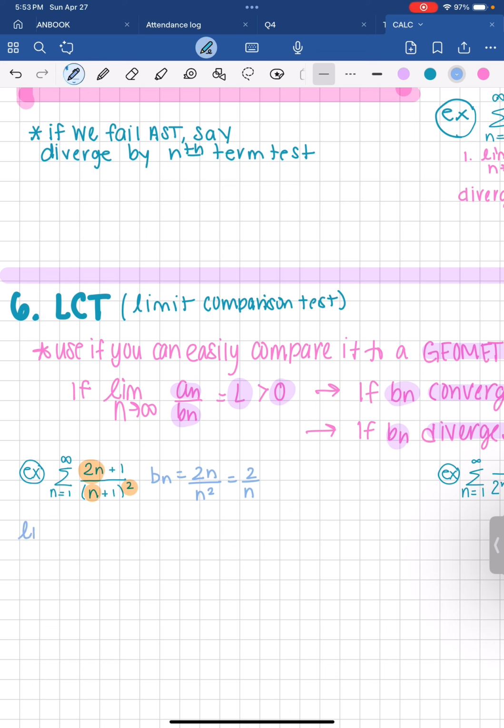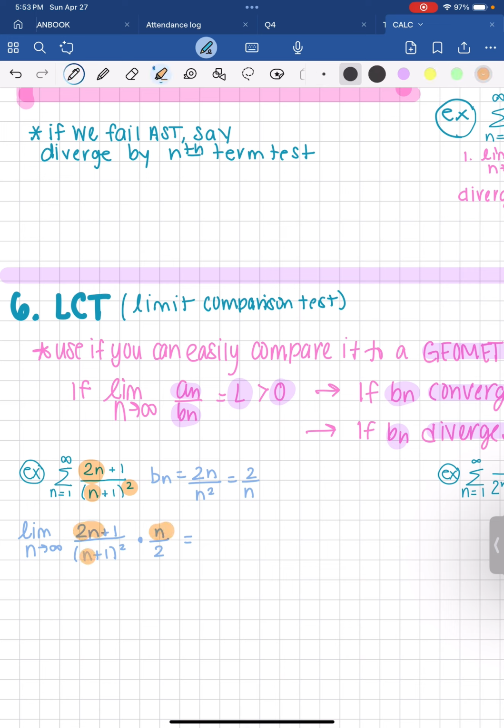So now I'm going to take the limit as n approaches infinity of the original series over b sub n, which is times the reciprocal of b sub n. If we do this, the higher power on top is going to be 2n squared.